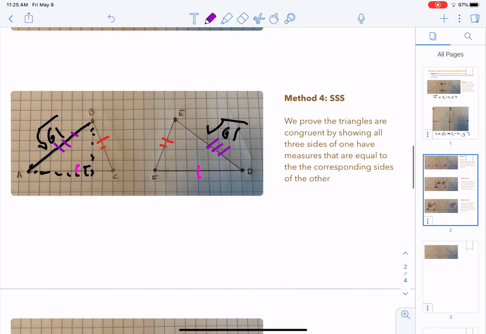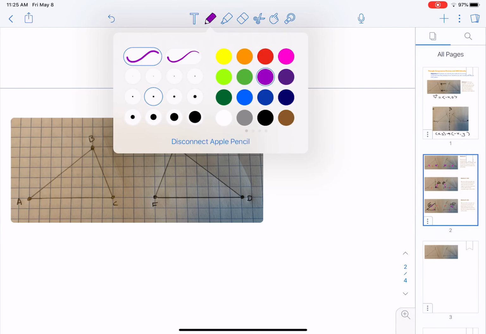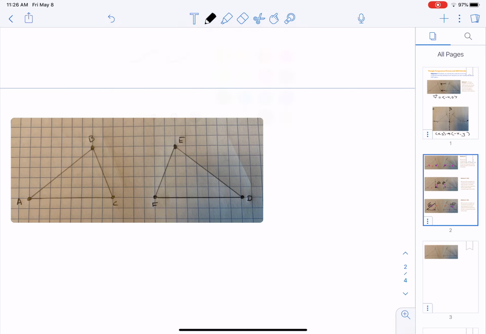And it's called angle, angle, side, or AAS. In the next video, we're going to do a quick proof on how AAS works, and also look at an application of it. But first of all, I just want you to look at the pattern. So it would look like this.